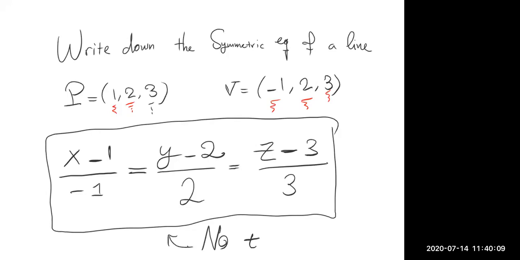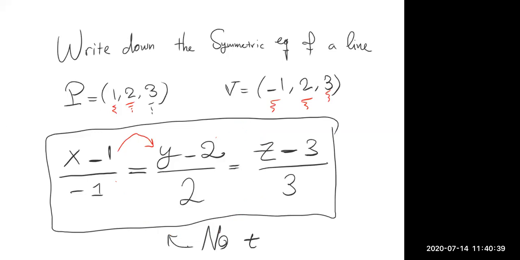Okay. So just to clarify, for parametric equation, it's 3 equations, whereas for symmetric, it's those 3 equations put into one equation. Yeah, exactly. So here it says this is equal to this, that this is equal to this. So in some sense, there are 2 equations here. Well, you can also say, because the first one equals the second one, and the second one equals the third one, the first one is also equal to the third one.